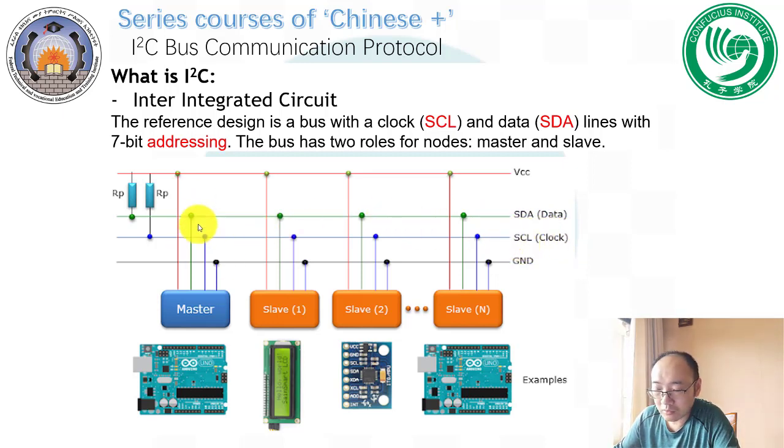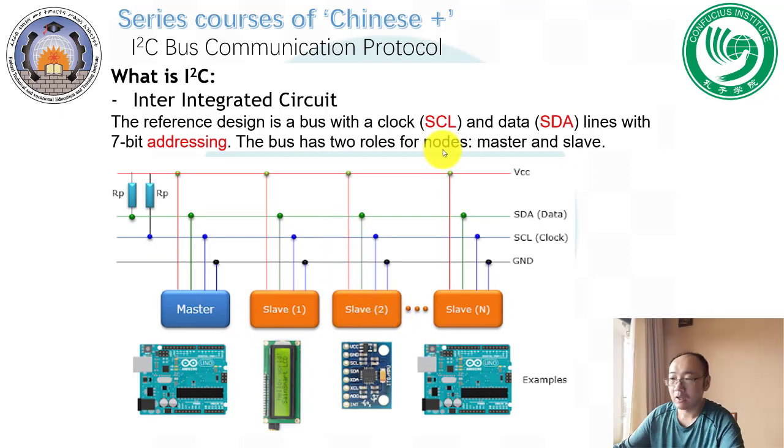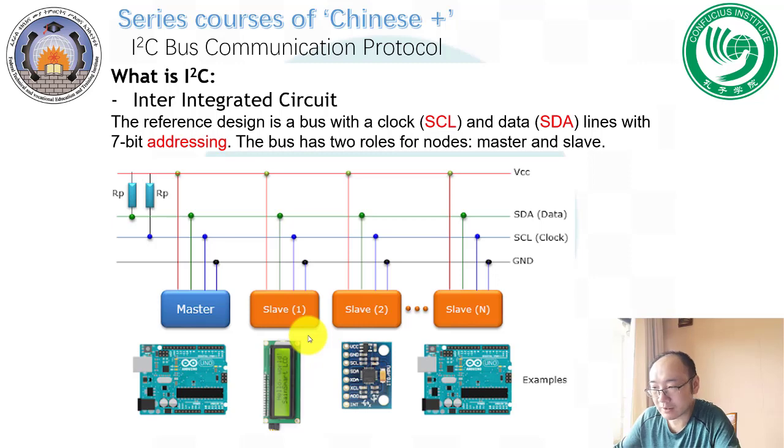With these two simple wires, we have one master component and the other slave components. Every component has 7-bit addressing. We use 7-bit to make every component has a special address. We will talk about it later.